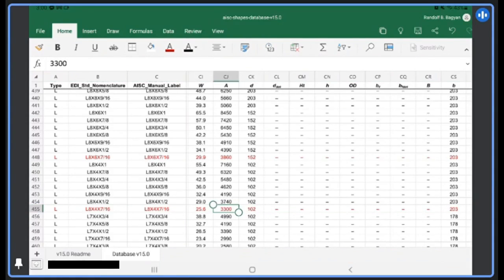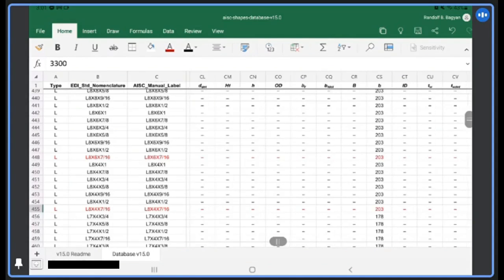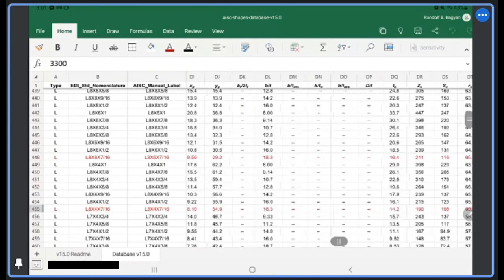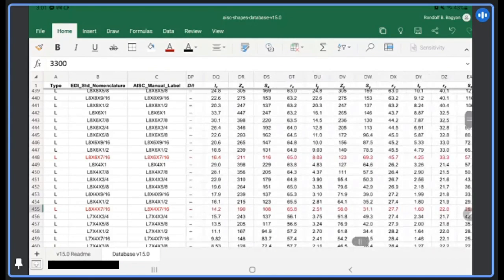That's near 3,056, but it still exceeds by 200 plus square millimeters. And its radius of gyration, r sub x and r sub y, that's 31, no, 27.7. So it still passes.